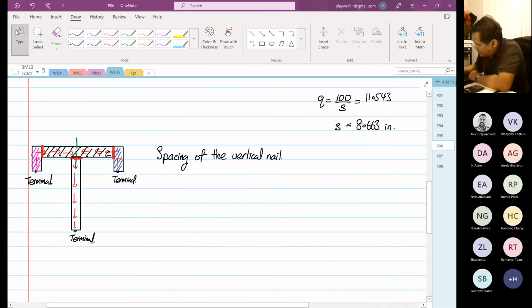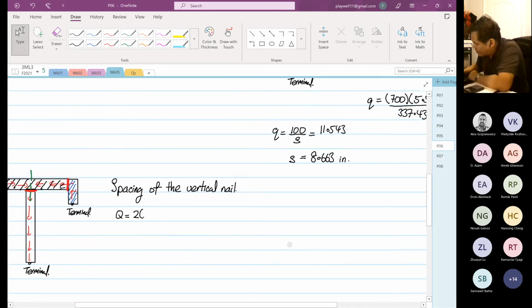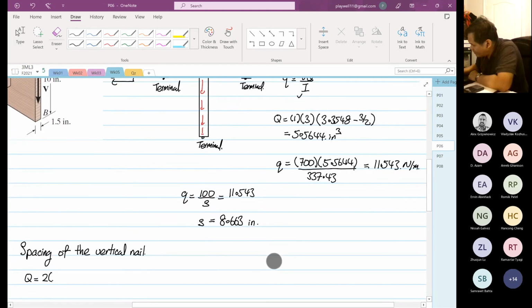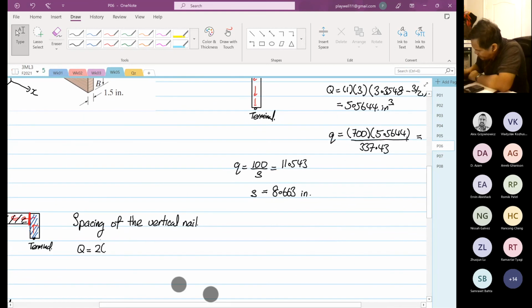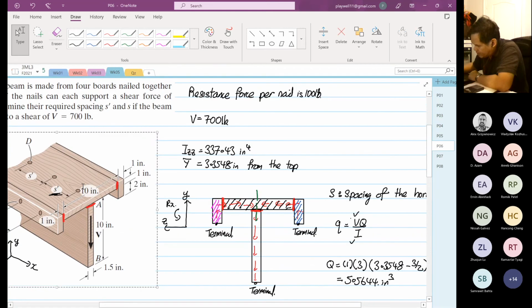We know that Q is going to be twice the small one, 5.5644 plus 5.5644, okay, I forgot, let me get this picture.